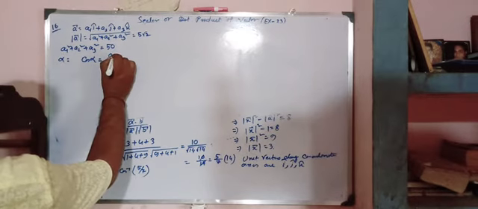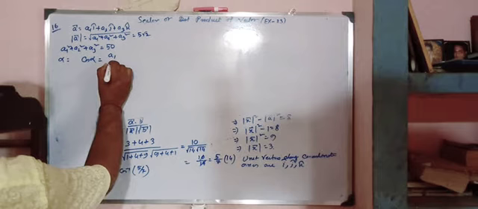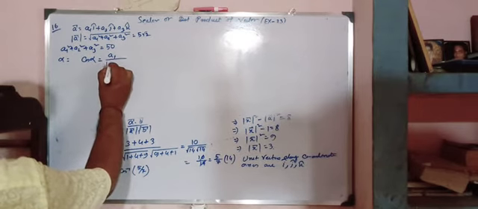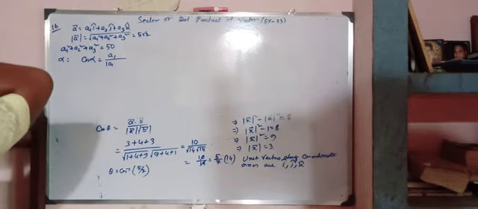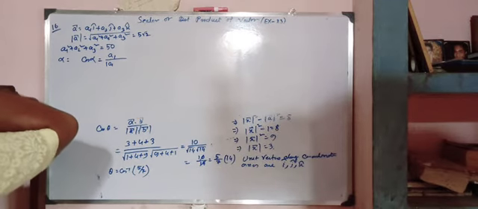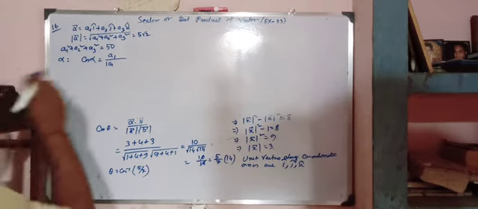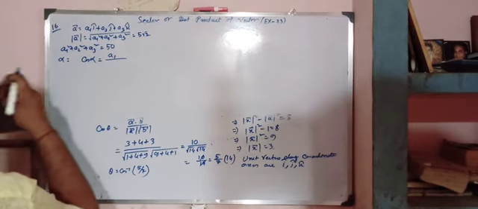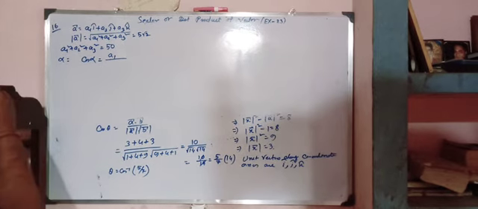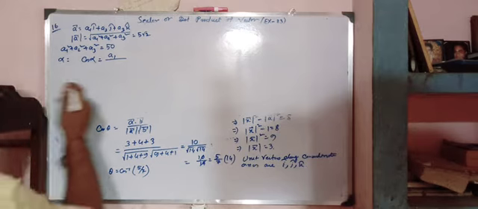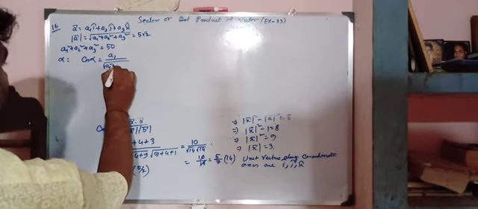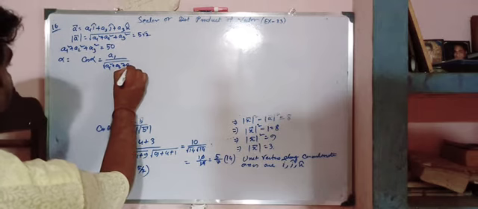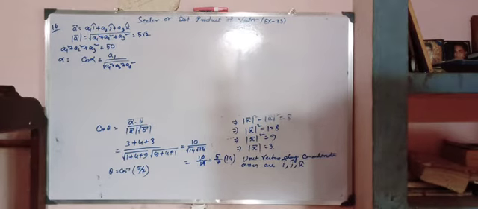So cos alpha is equal to A1 by mod A, that is A1 by root over of A1 square plus A2 square plus A3 square.